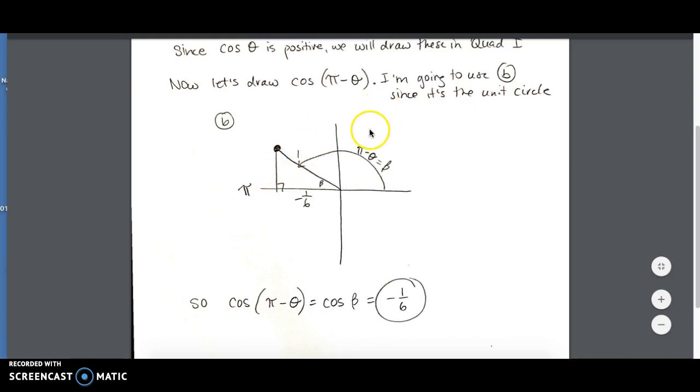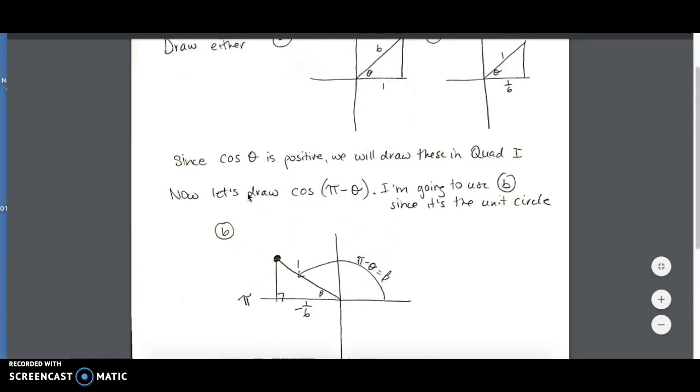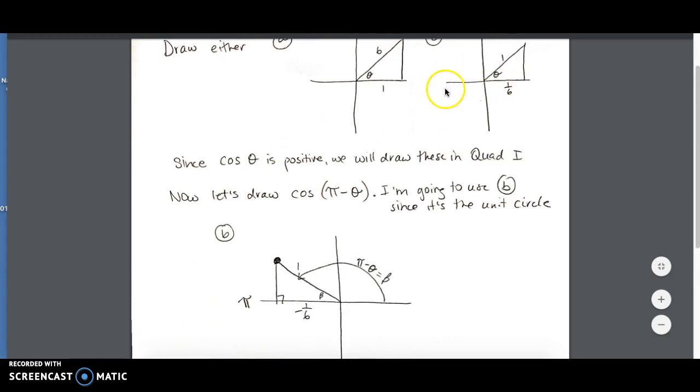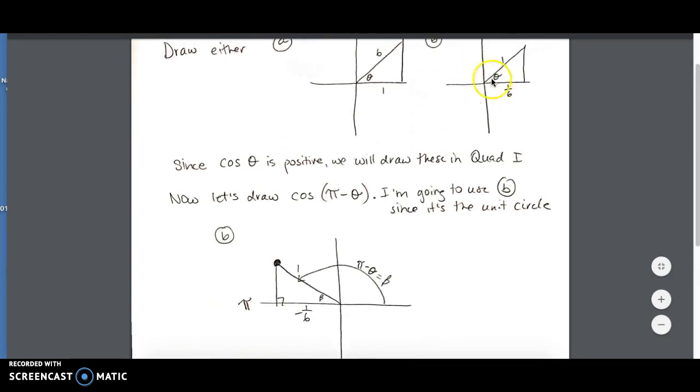I'm also going to note, instead of using pi minus theta, I'm going to use pi minus theta equals beta. Think about it: if I took pi and subtracted this amount, which is theta, what I would have left is this angle.